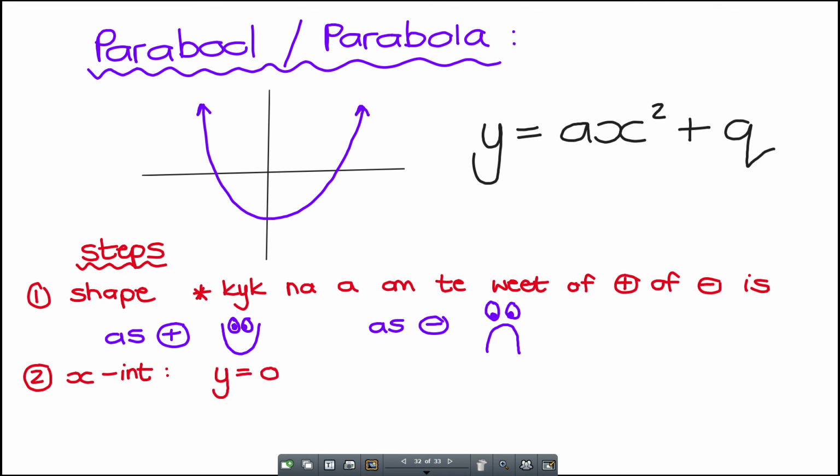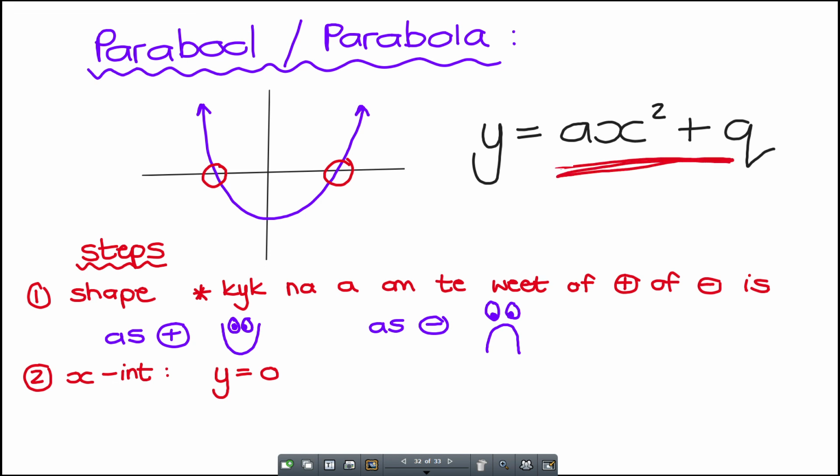Nee. Nou, omdat, kyk gou na my formule. Sien jy hier's 'n x kwadraat? Nee? So jy gaan 2 waardes vir x kry. Okay, want kyk gou my grafiek, hoeveel keer gaan hy deur die x-as? 1, 2 keer. Okay, so you will have 2 values for x.